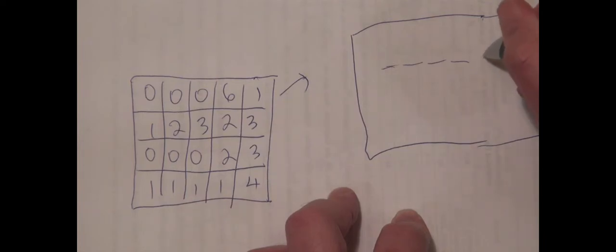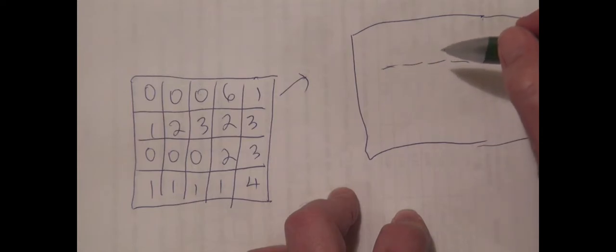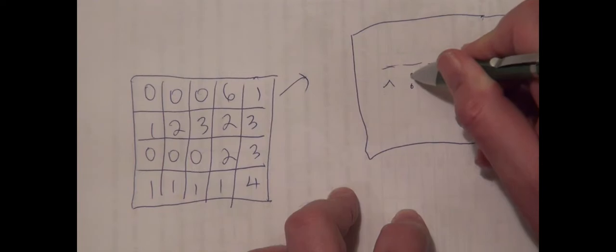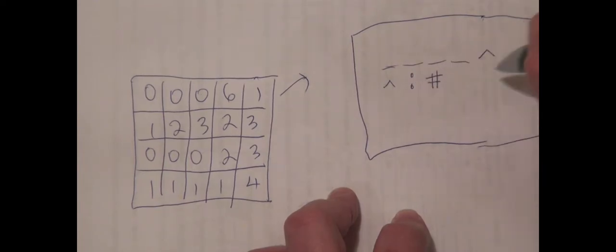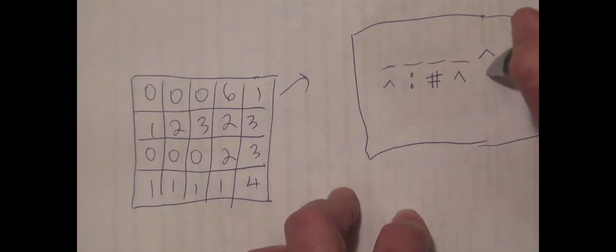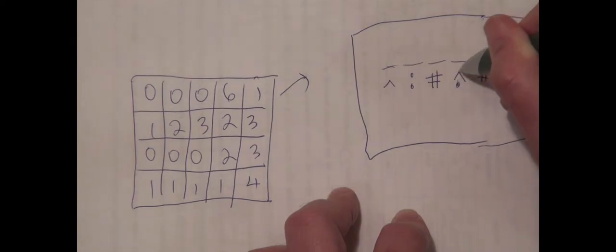For 1, we need a hat. So put the hat. Then we've got another hat, a colon, a number sign, and a hat, and a number sign. Sorry, not a hat, but a colon.